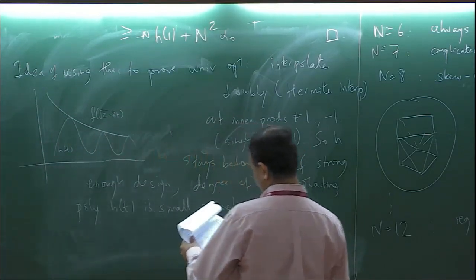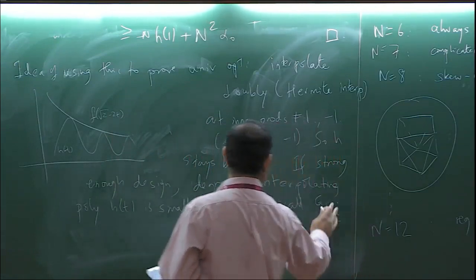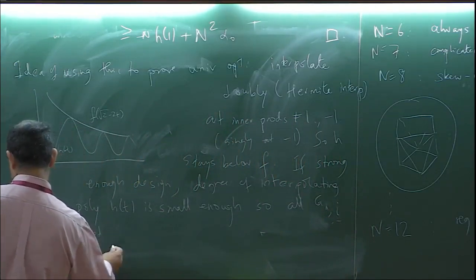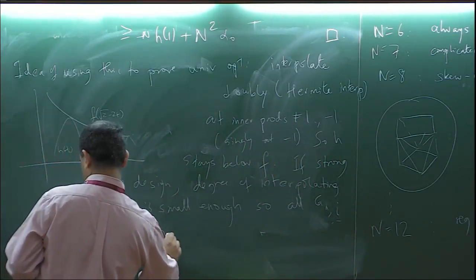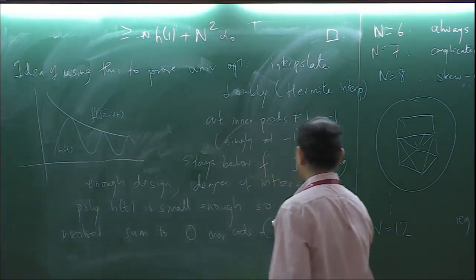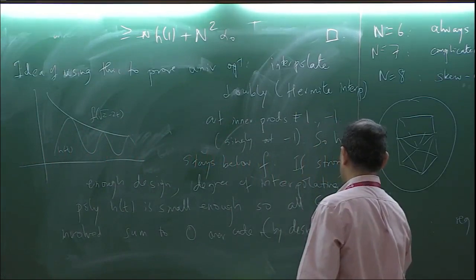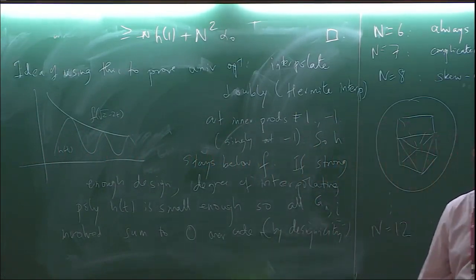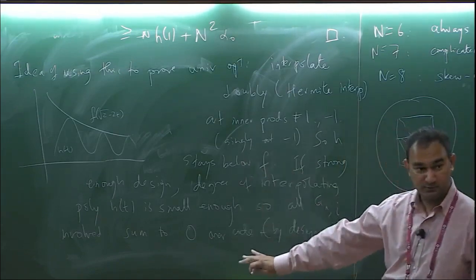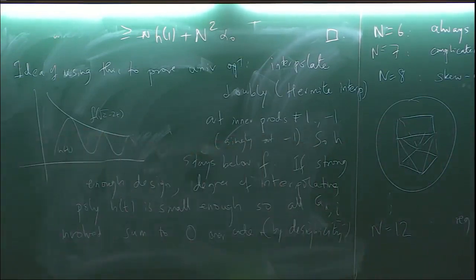so that all the G_i that are involved sum to 0 over the code by the design property, by designicity. Okay, if it's a strong enough design that's going to happen. So then that automatically shows that you have a sharp bound as long as these coefficients alpha_i are non-negative.